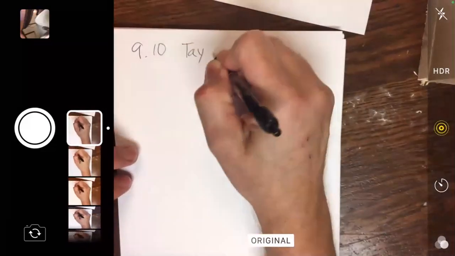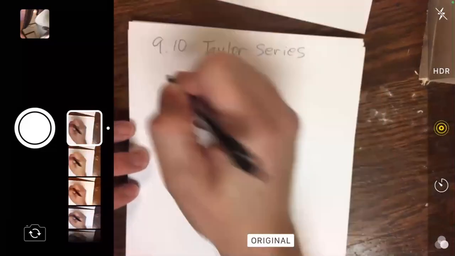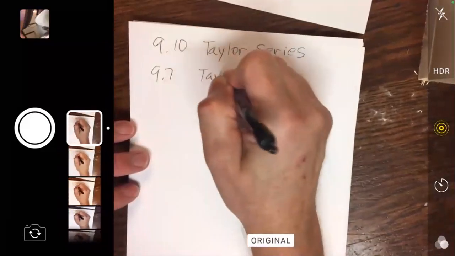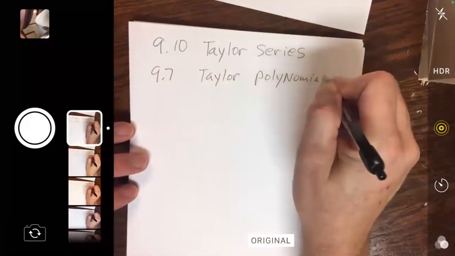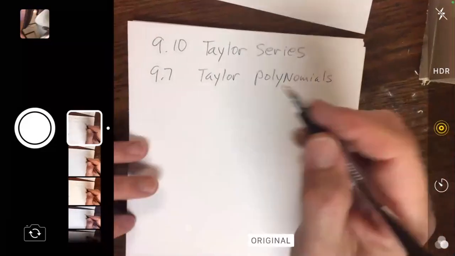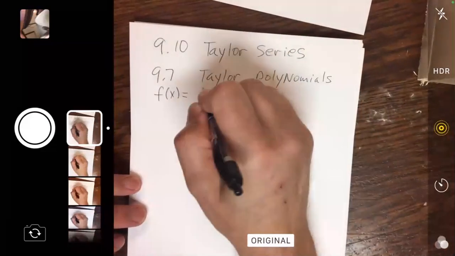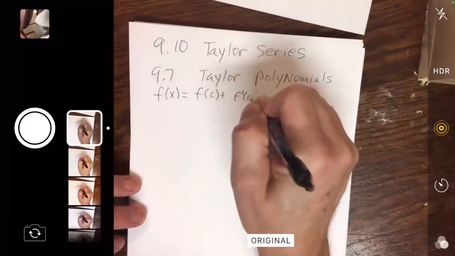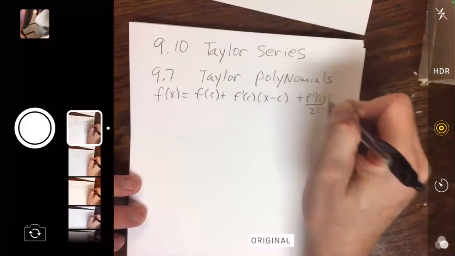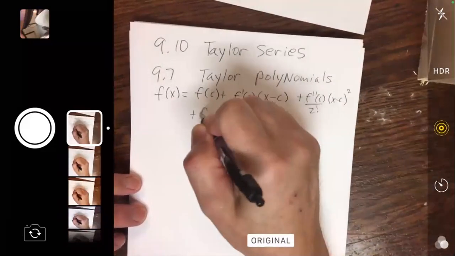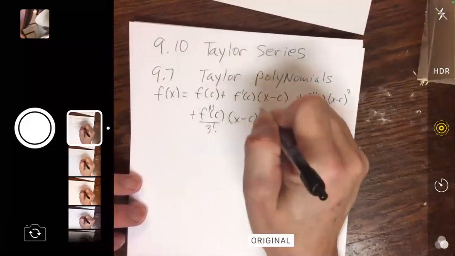9.10 is called Taylor series. If you remember what we had in 9.7, we had Taylor polynomials. If you remember what the general Taylor formula was: f of c, f prime of c, x minus c, plus f double prime of c over 2 factorial, x minus c squared, plus f triple prime of c over 3 factorial, x minus c cubed.